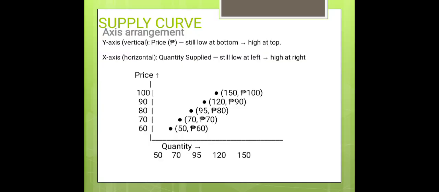So, meaning to say, yung y-axis natin, again, y-axis is the price, still, low at the bottom, high at the top, in arrangement din siya. In order, from lowest to highest. Mag-start kayo sa pinakababa. For the x-axis, yung horizontal or the quantity supply natin, ganun pa rin. 50, 70, 95, 120 to 150. So meaning to say, from low at the left, going to the right, it's getting higher.